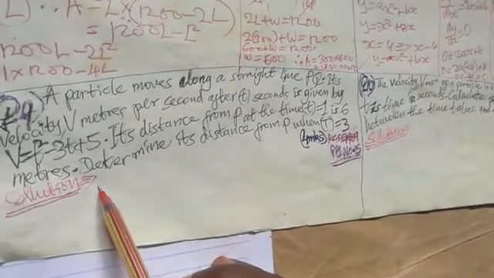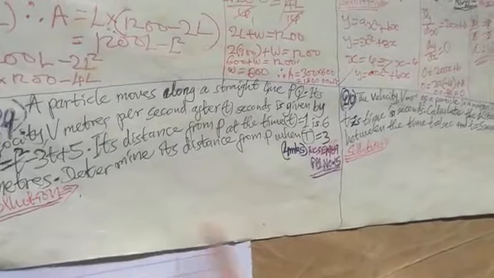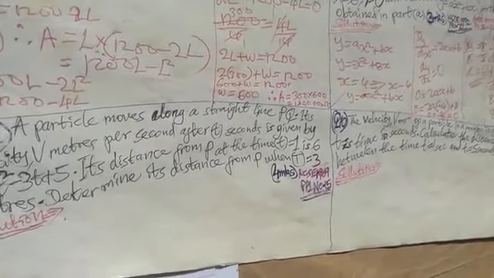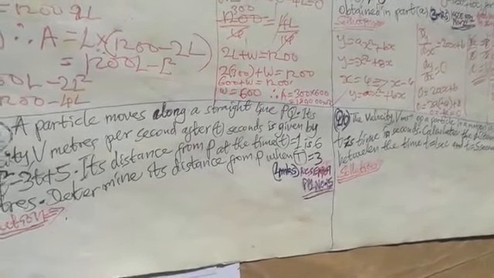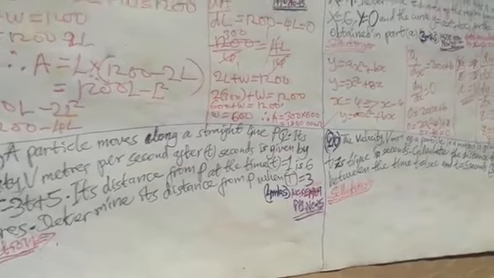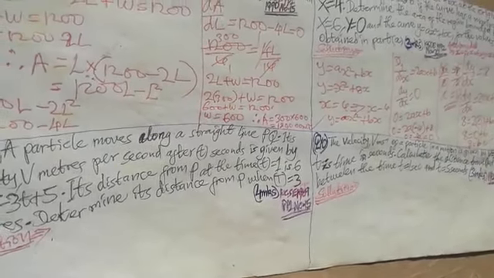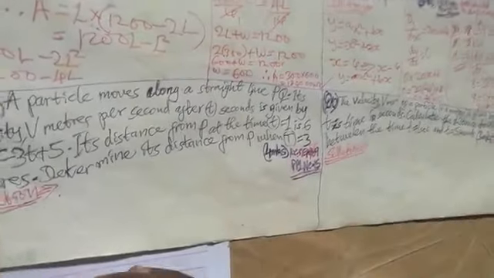Logically, it's also an integration question, because for us to get the distance, we expect the value to be bigger than when we are differentiating the velocity function, t squared minus 3t plus 5.